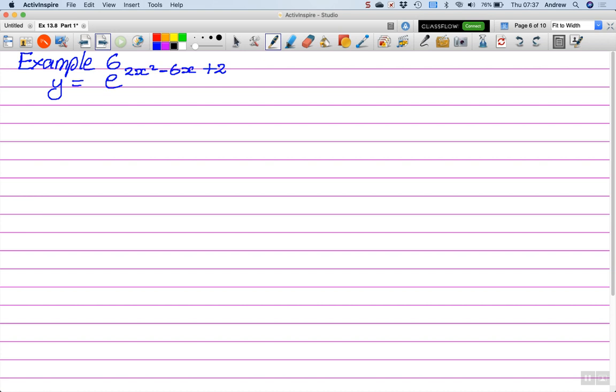We'll see it here. I'll use the last example. dy dx. When you differentiate an e function, it does not change, so it's e to the 2x squared minus 6x plus 2, and then you multiply by the differential of the power, which is going to be 4x minus 6.